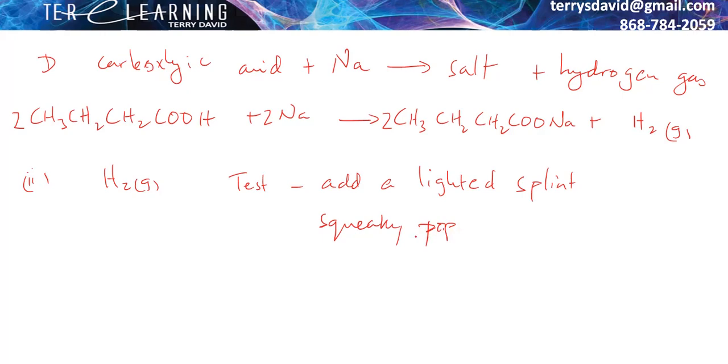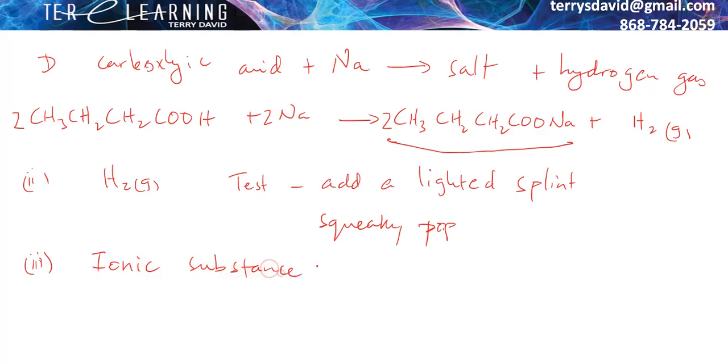And then the third part, or the last part, they said state whether the salt formed is soluble in water. All right, so the salt formed is a sodium salt. That is this guy here, right? That substance is an ionic substance, right?